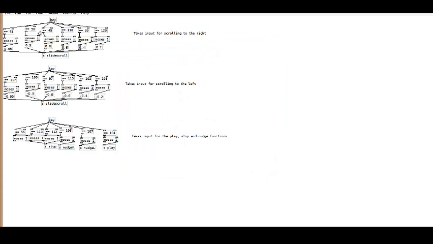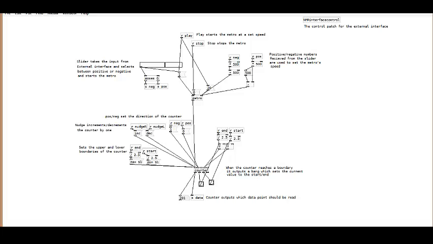So we just receive the key here, use this little test to see if it's the right key for each thing, and then this set is for scrolling to the right, this is for scrolling to the left, and then this takes all the inputs for the plays and nudges and such, and that sends it back to the navigation patch here.